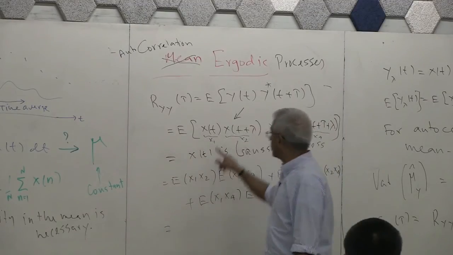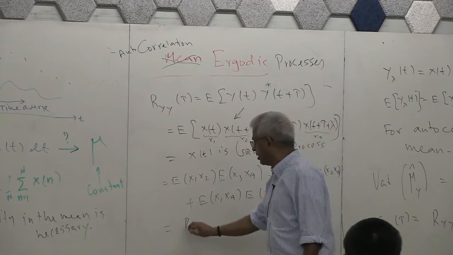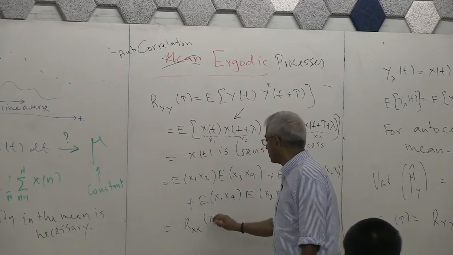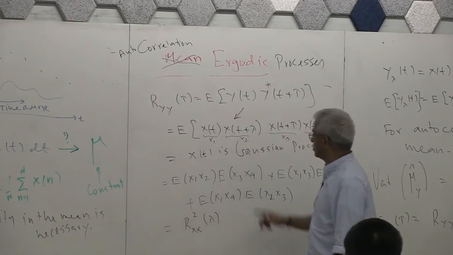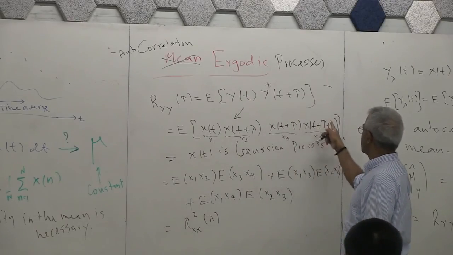All right, so if you look at x1, x2, that's going to be Rxx lambda, right? And this is going to be Rxx lambda also. So the first term gives you this, T2 minus T1.